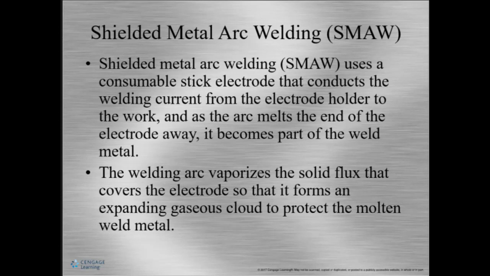Okay, next up, shielded metal arc welding. Woohoo, the good stuff. Shielded metal arc welding or stick welding. SMAW uses a consumable electrode. Consumable means that it gets used. Electrode means that it conducts the welding current. The electrode has a flux covering that vaporizes and protects the weld while it solidifies.